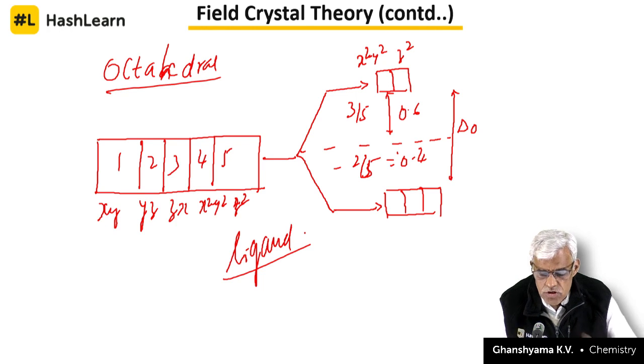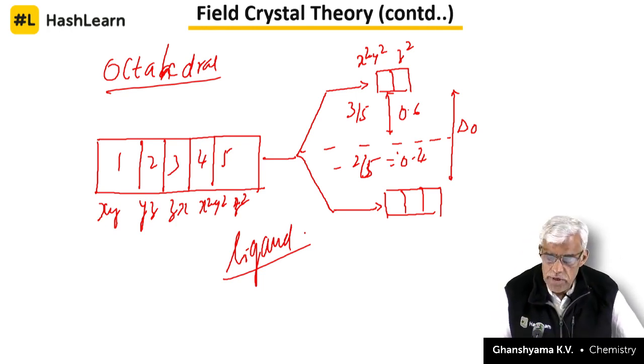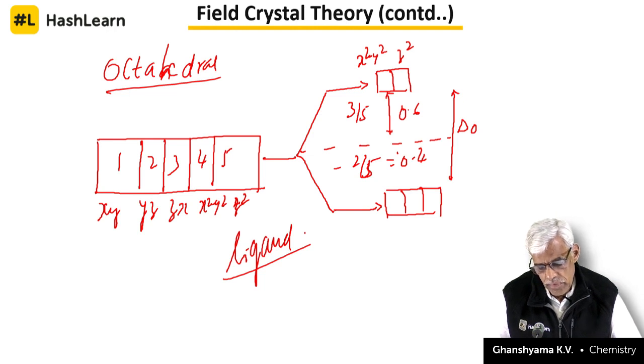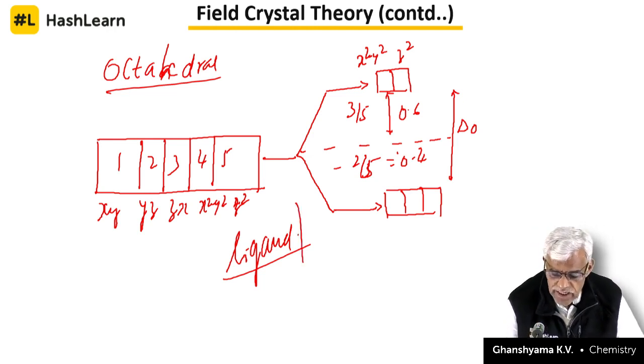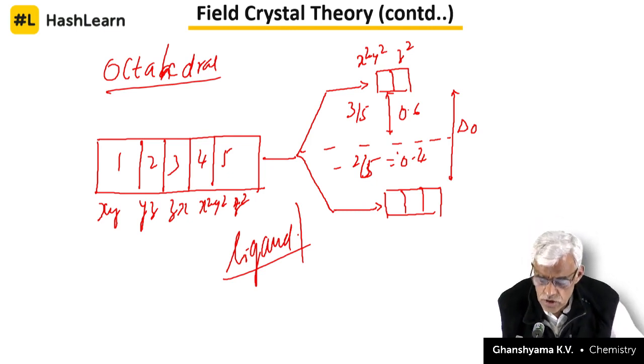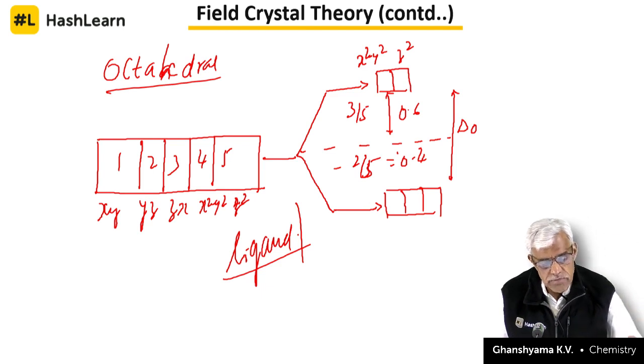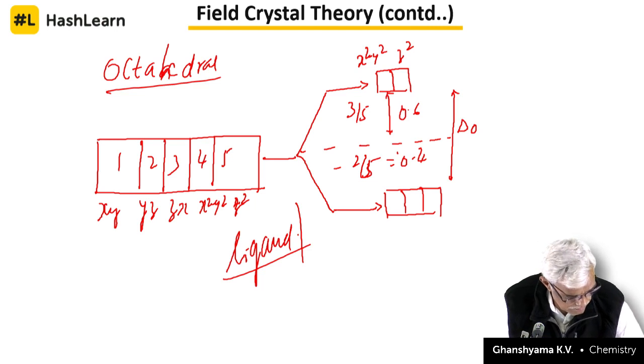If the ligand is strong, splitting will be more, delta zero will be higher. If the ligand is weak, splitting will be less, delta zero will be less. So it depends upon the ligand, and it depends upon the nature of the metal ion also.